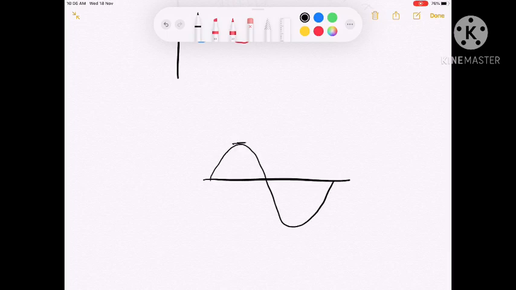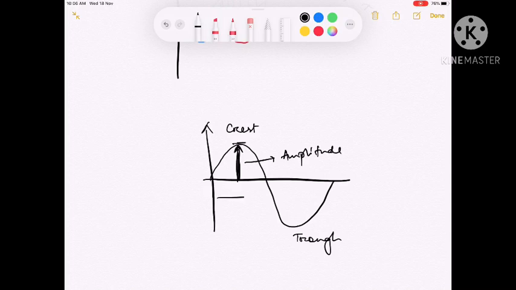This part is called a crest and this part is called a trough. This position, the highest peak, is called the amplitude of the wave. And this much distance, one crest and one trough, is called your wavelength.